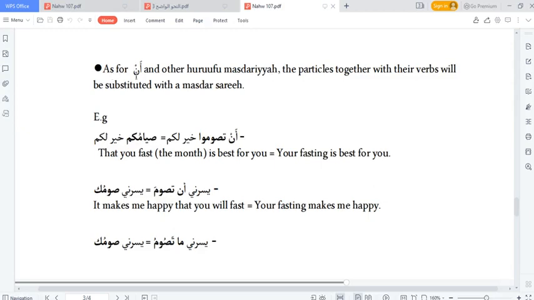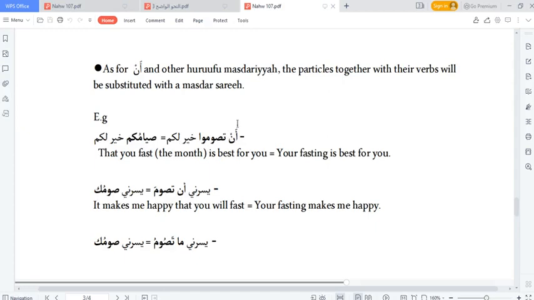So as for an and other huruf masdariya, we have an, we have ma, either k, law that we highlighted there. For an and the other ones, the particles together with their verbs will be substituted with the Masdar Sari. You get? So the examples we have here, an tasumu khairun lakum.